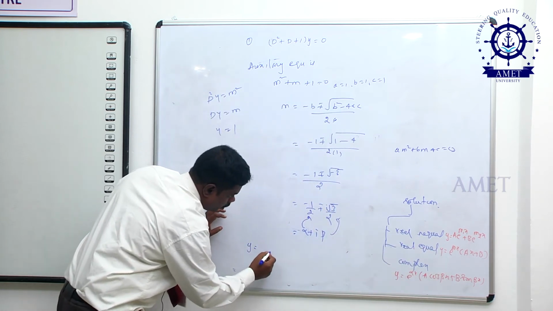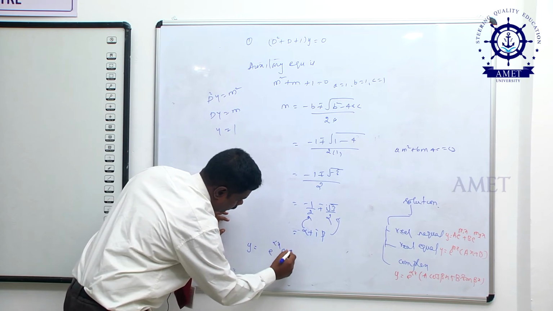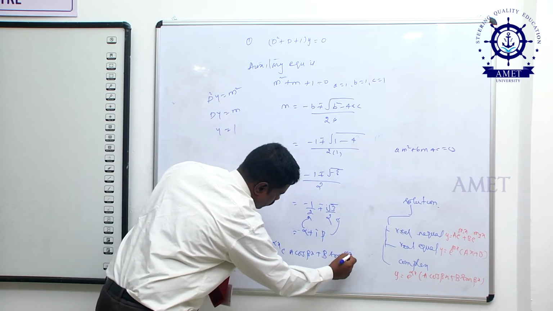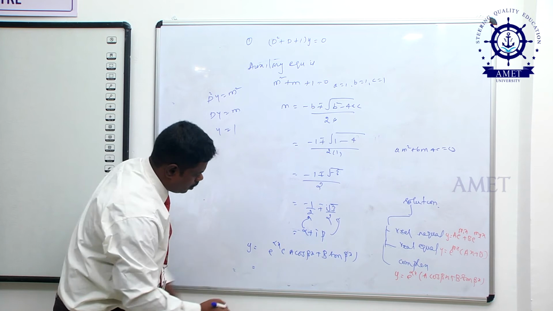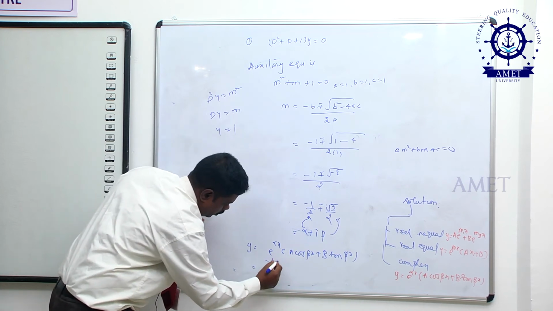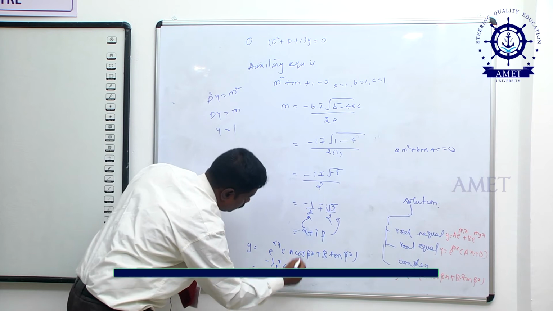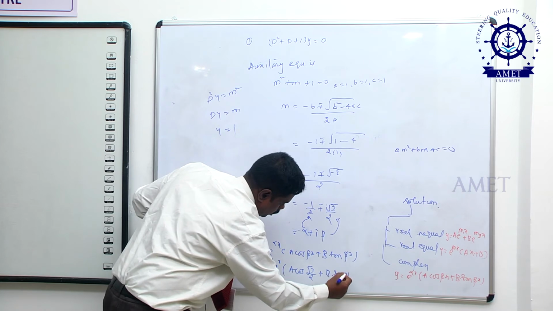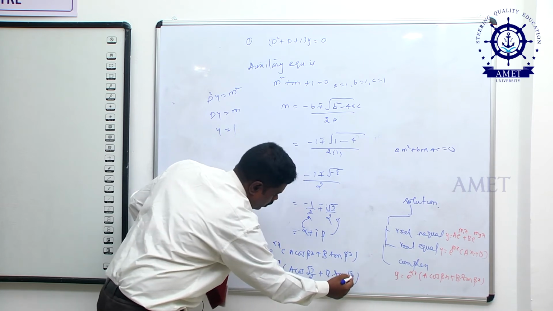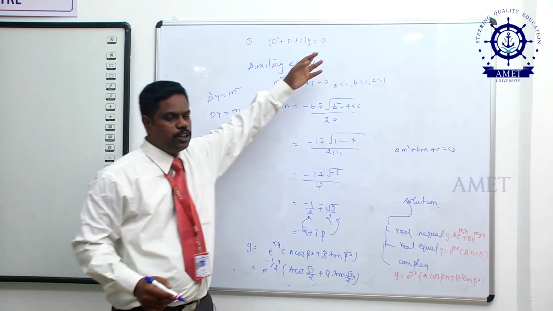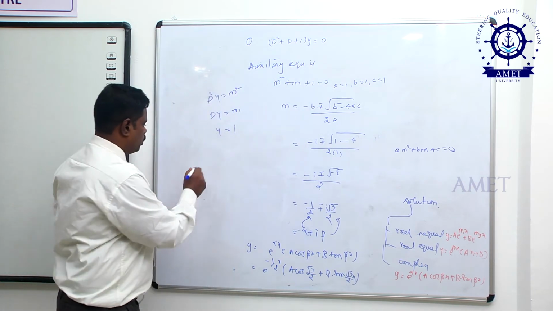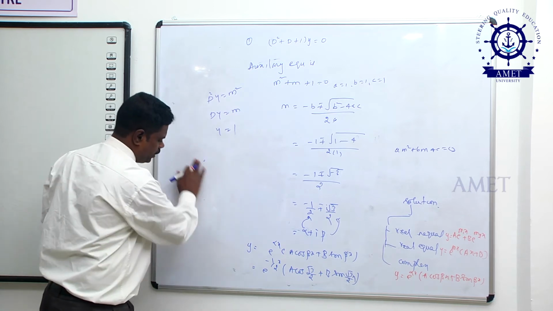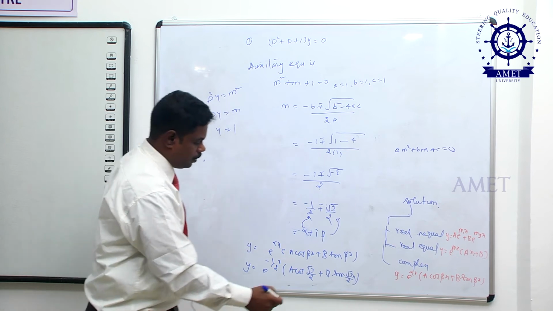Therefore, the solution is e power minus 1 by 2 x into a cos of root 3 by 2 x plus b sin of root 3 by 2 x. The right hand side is 0, so the solution is only the derivative part. Therefore y is itself the solution.